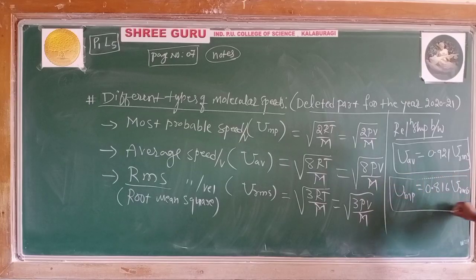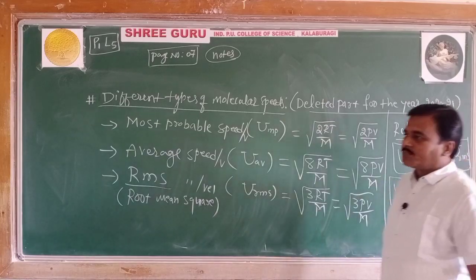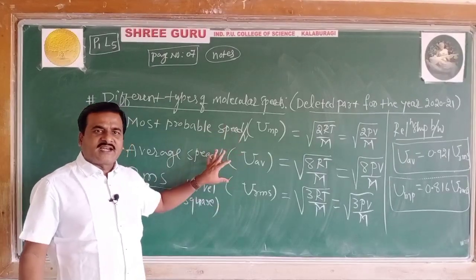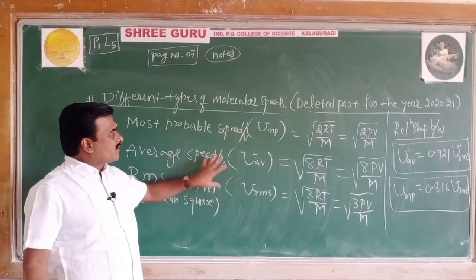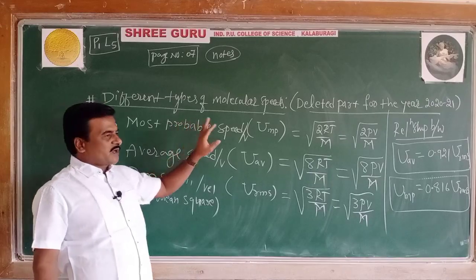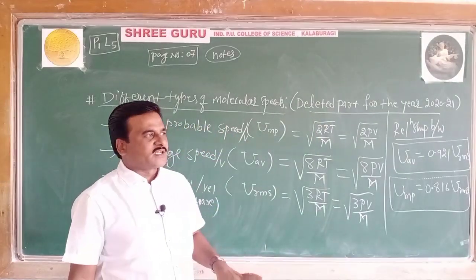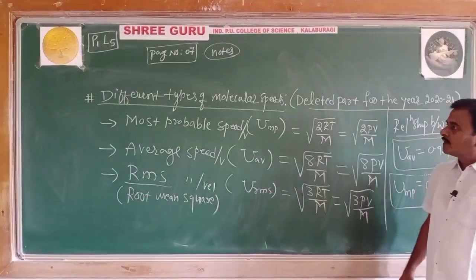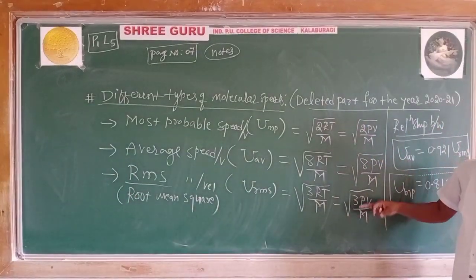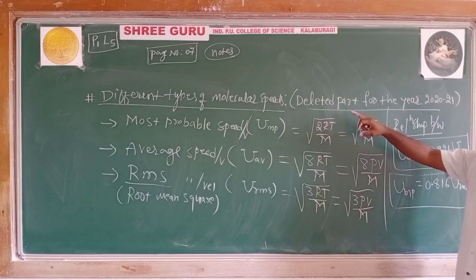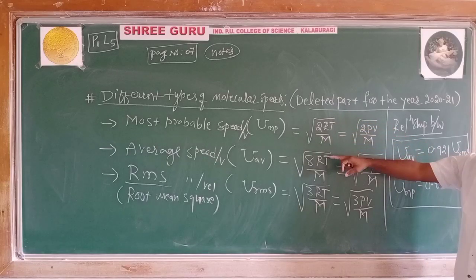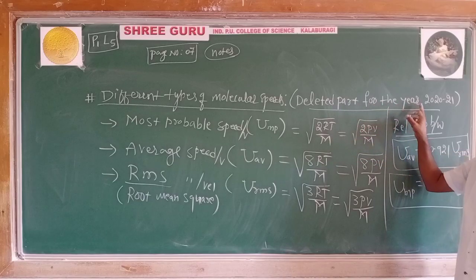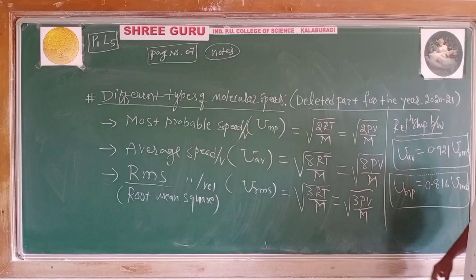So these are the relations. I told you already, this portion has been deleted, but for the competitive exam you must know most probable velocity, average velocity, and RMS velocity, which have been deleted for the 2021 academic year.